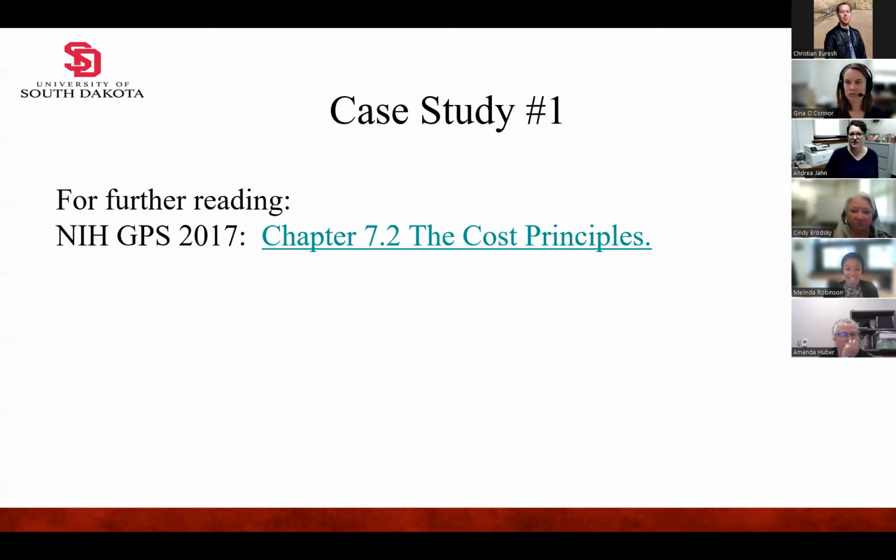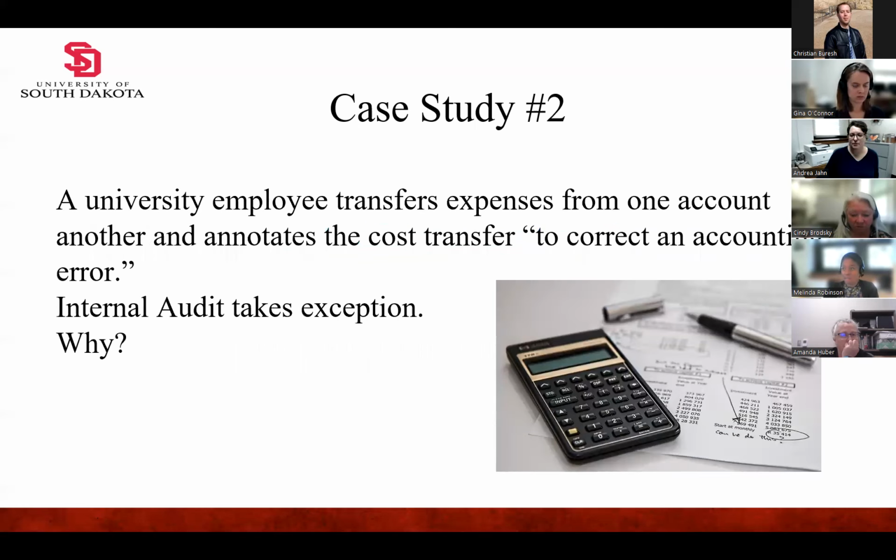Okay, case study number 2. A university employee transfers expenses from one account to another and annotates the cost transfer as to correct an accounting error. Internal audit takes exception.